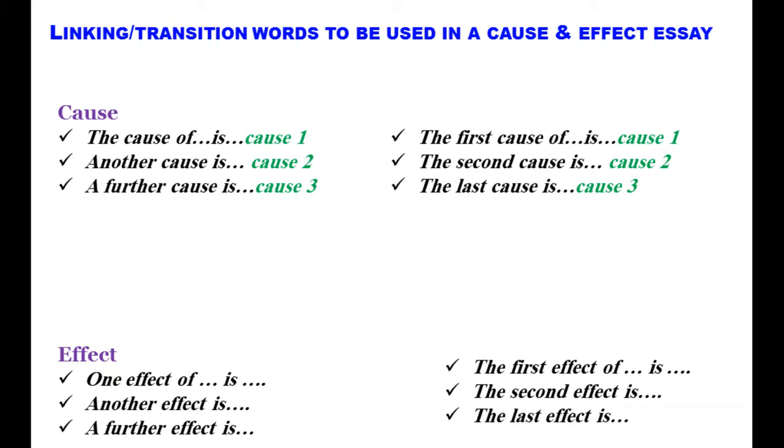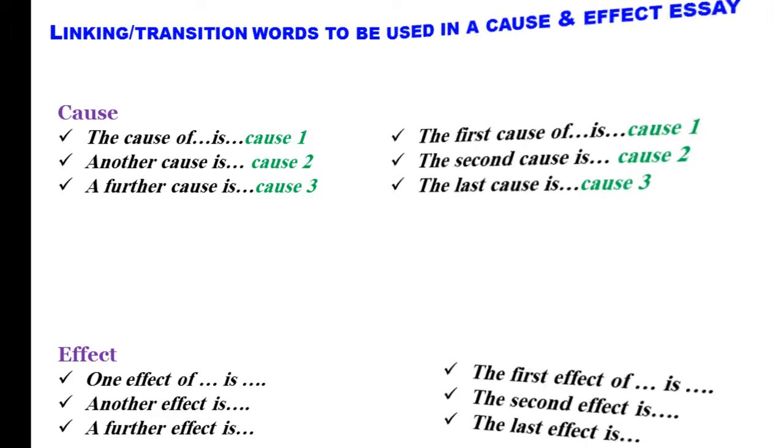For listing effects, we can use the phrases one effect of is, another effect is, a further effect is, or the first effect of is, the second effect is, or the last effect is.